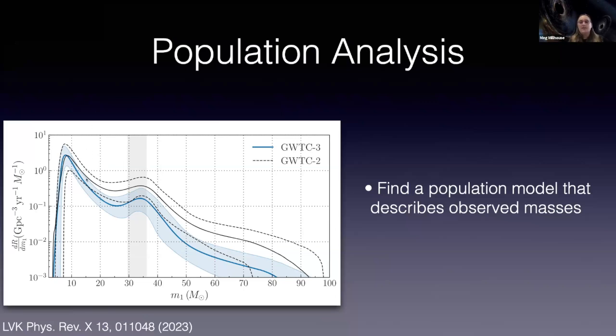One population model that seems to fit the data well is this power law model plus a Gaussian peak. This is the inferred distribution based off of the most up-to-date gravitational wave transient catalogs. And some interesting things we can learn from this distribution is about the maximum and minimum masses we see in these CBC systems.